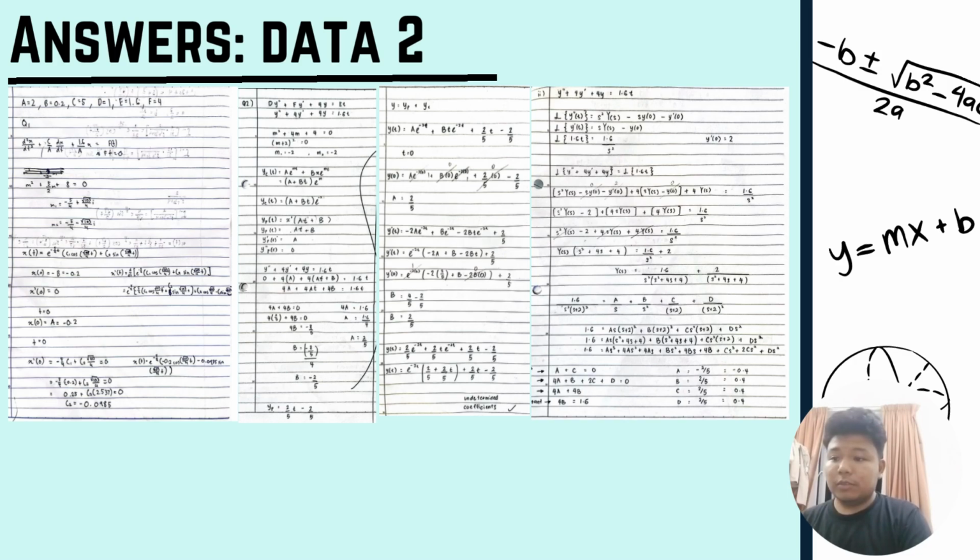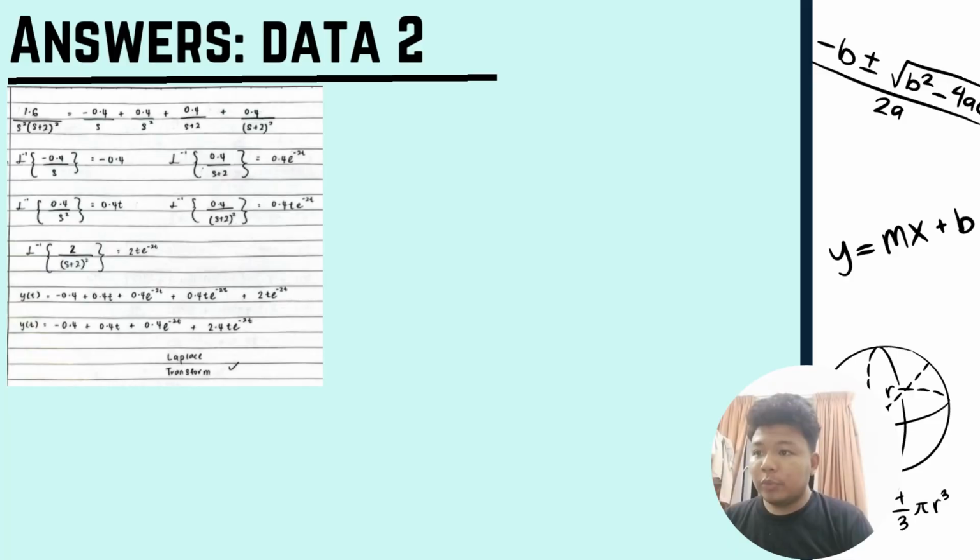From the simultaneous equations, we get that a is equal to negative 0.4, and b, c and d are equal to 0.4. Then when we plug in the values of a, b, c and d and use the inverse Laplace on them, we get the final equation of negative 0.4 plus 0.4t plus 0.4 e to the power of negative 2t plus 2.4t e to the power of negative 2t.